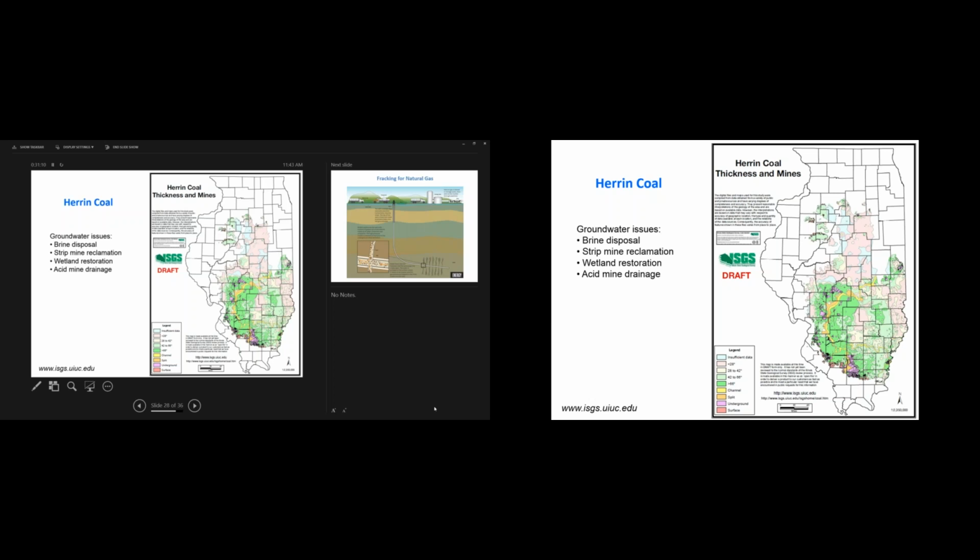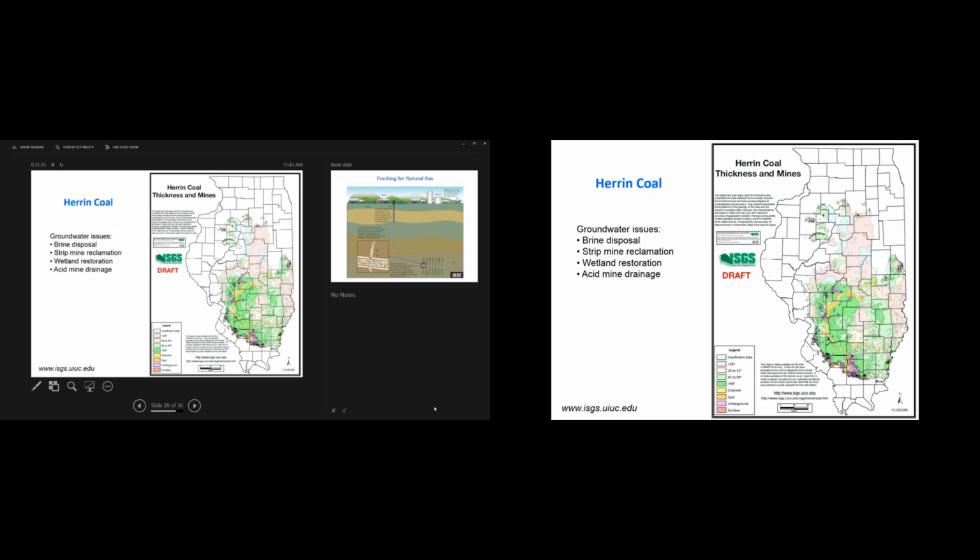So this is a Herrin coal, and this is where a lot of the underground mines and surface mines are. You get this outcrop out in Danville, and you get some up north. So if you go north up to Rockford, you'll see spoil piles.